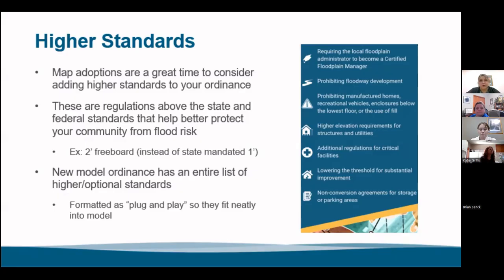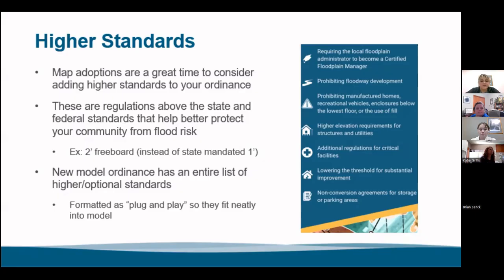This could be prohibiting all types of development in certain flood risk areas like a floodway, prohibiting certain types of development in different flood risk zones, adding additional flood risk regulations to your critical facilities, things like that, that will put your community at a better spot for flood safety.